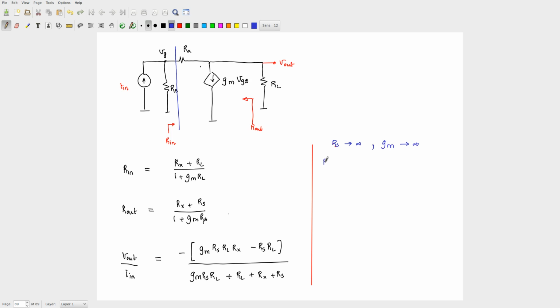So what will R in become now? If GM tends to infinity, this will become 0. What will R out become? 0. What is V out by V in, or V out by I in?